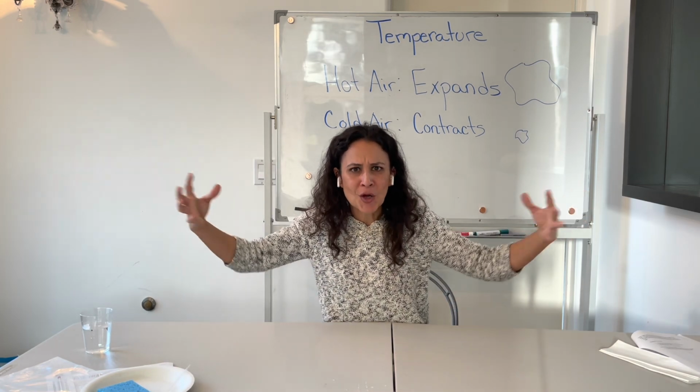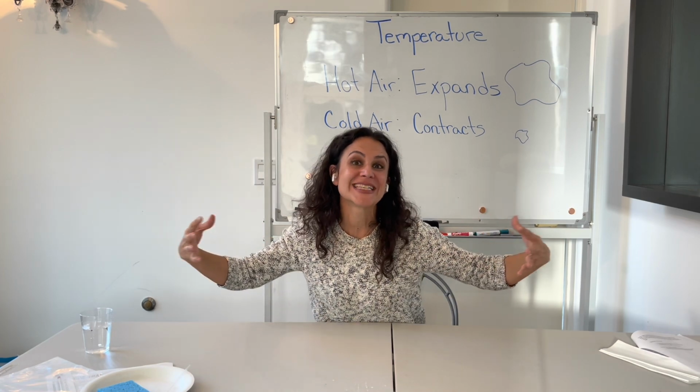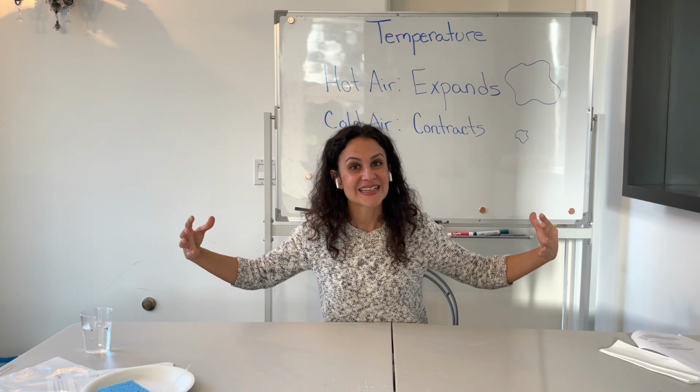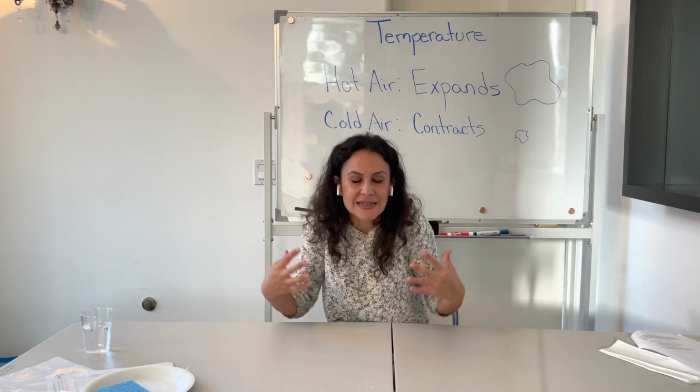Let's just recap everything that we did today. We did a lot. We learned about air. We learned about hot air expanding, cold air contracting. As air becomes hot, it gets bigger and takes up more space. As the air cools down, it condenses and takes up less space.